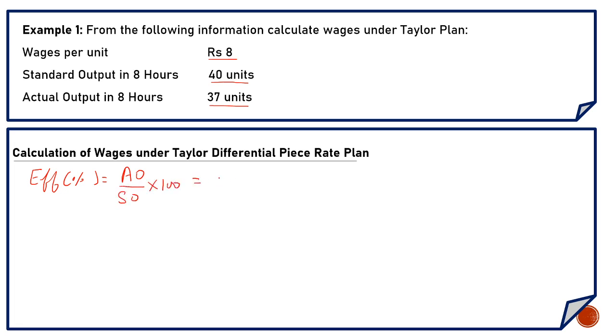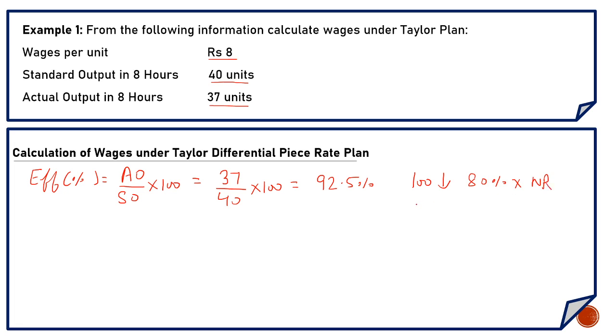Here actual output is 37 units, standard output decided by the company 40 units into 100. So the efficiency of this worker is 92.5%. Now according to Taylor plan, if the efficiency is less than 100%, then the worker is eligible for only 80% of normal piece rate.